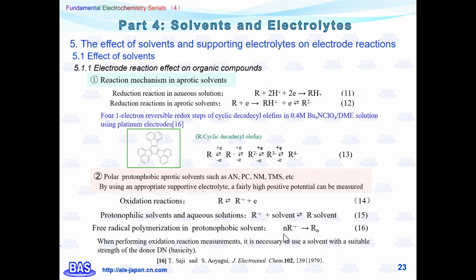However, in a protophobic solvent, polymerization of radicals can occur, since no reaction occurs between the solvent and the cationic radicals at this time. Therefore, it is necessary to use a solvent with a suitable strength of donor property to achieve the target reaction when performing oxidation reaction measurements.